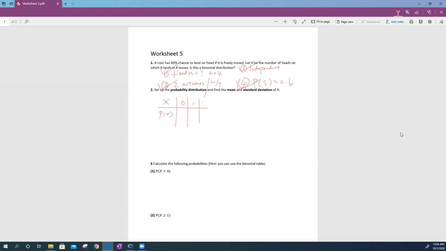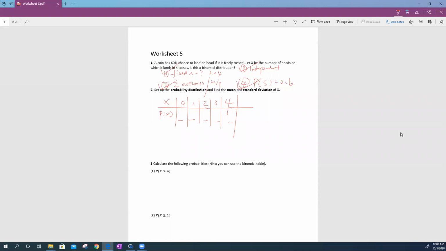And 1 head, 2 heads, 3, and 4. So 0 to n, that's the possible outcomes for a binomial setup, 0 to 4. And then we have all the probabilities. We need to fill in all those probabilities. And then we want to find the mean and standard deviation.